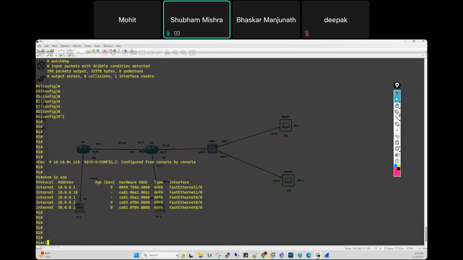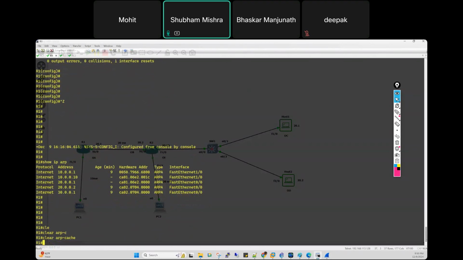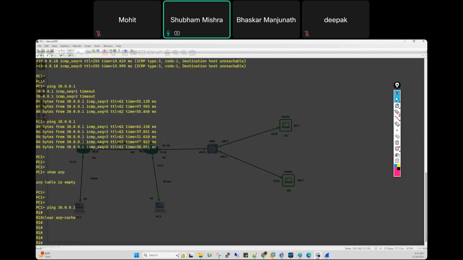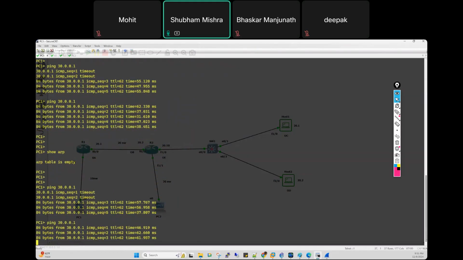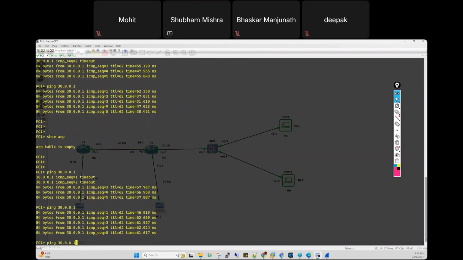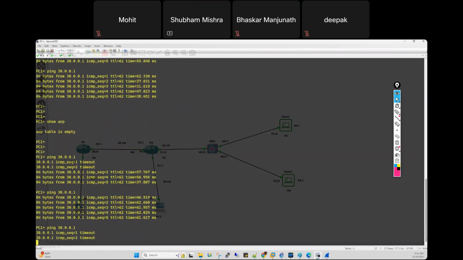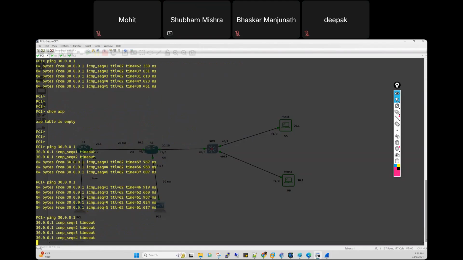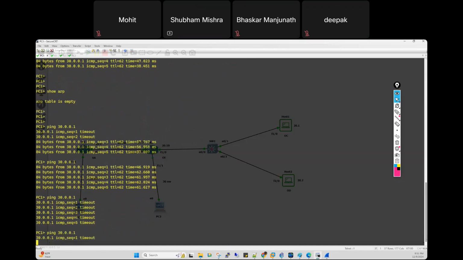I am writing one command here: clear arp cache. Again, the same command. Come to the PC. I was able to ping. Now I am not able to ping.